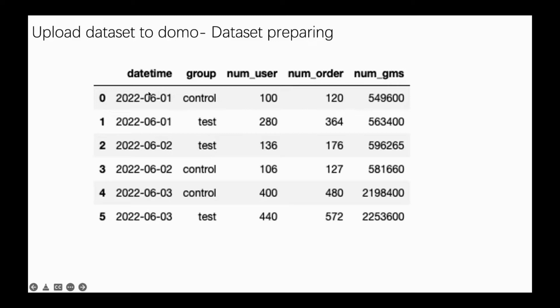Each day there is a control group and a test group, and the number of users, orders and GMS in each group. The data is from June 1st, 2020 to July 2nd, 2020.